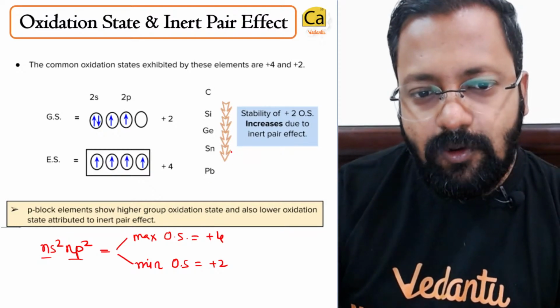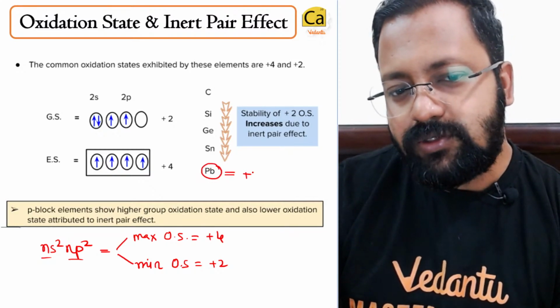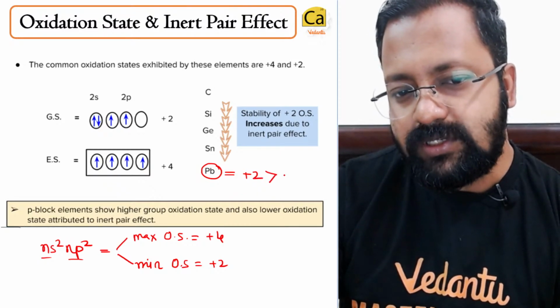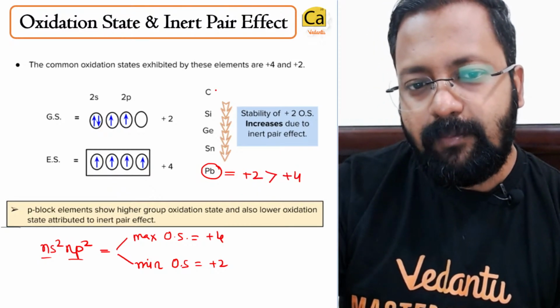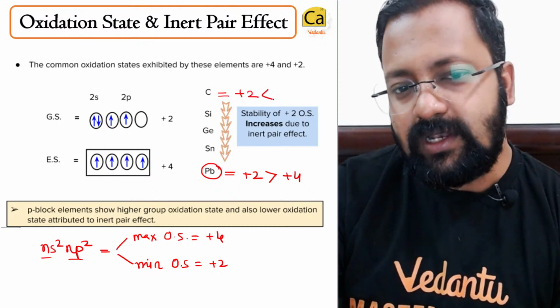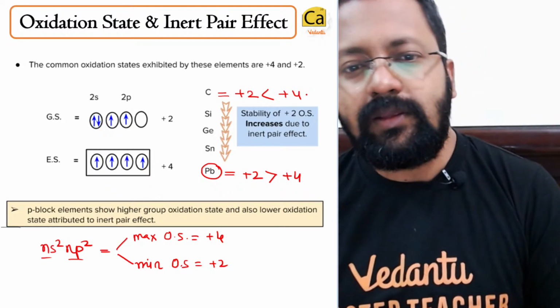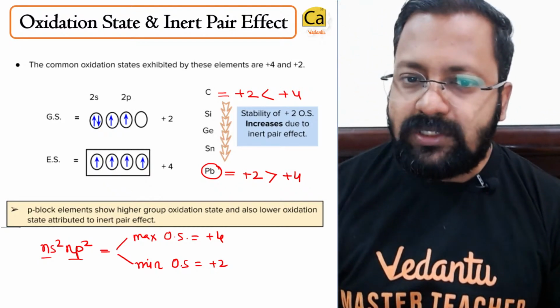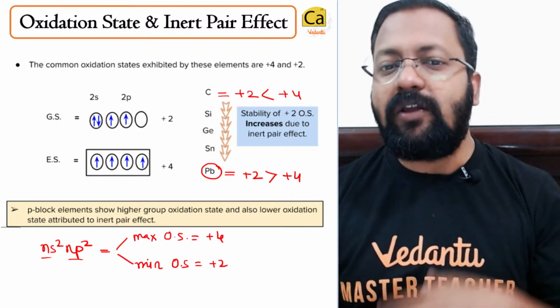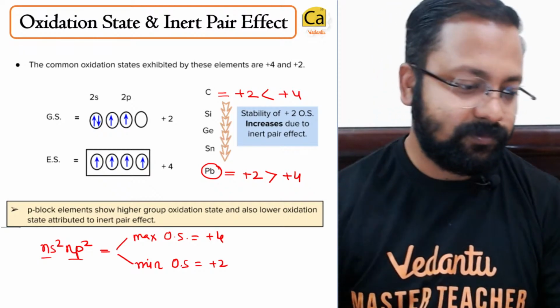So for lead, +2 oxidation state is more stable than +4, but for carbon, +2 is less stable than +4. The stability of the +2 oxidation state increases as we go down the group.